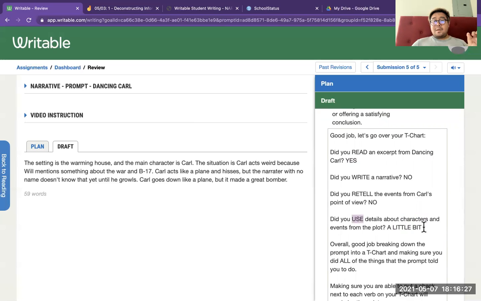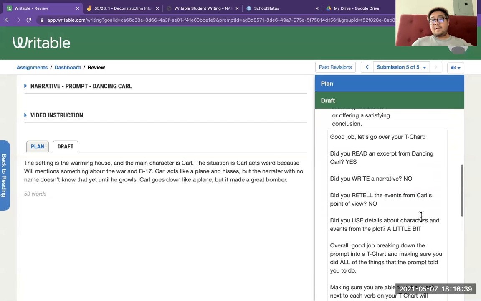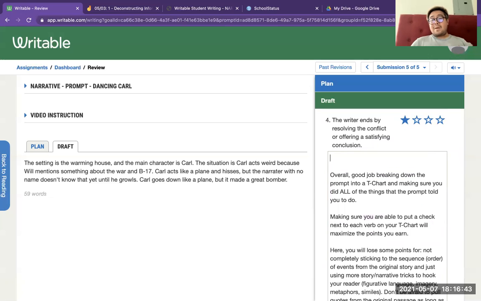And then there's other criteria about how they organize their thoughts and whether or not they use good language or tone. So there's other grading criteria that the Mississippi teacher who randomly grades your story will be using. So I think this would lose quite a bit of points, right?